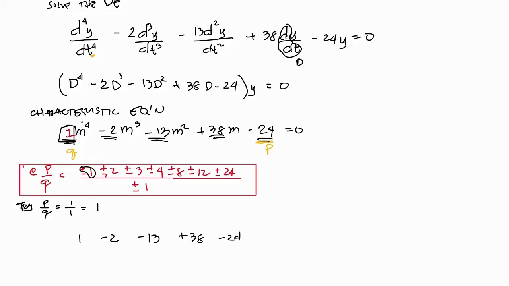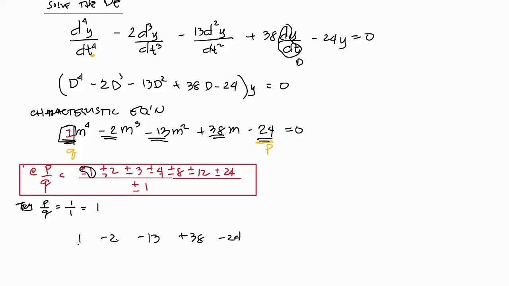We need to complete these terms from the fourth, third, second, first power, and then m raised to 0. So we have these terms: 1, negative 2, negative 13, plus 38, negative 24.